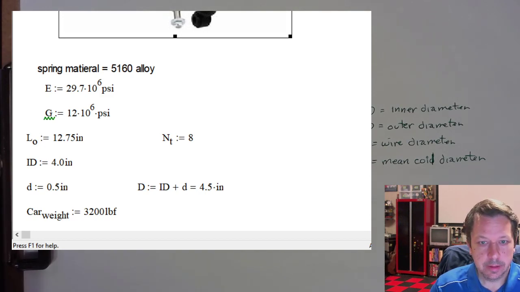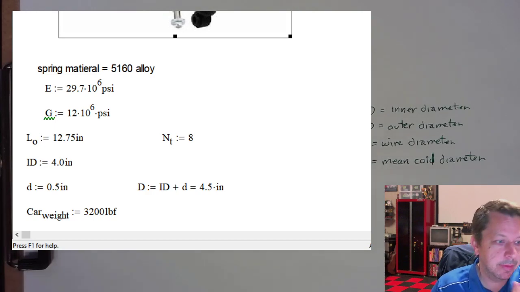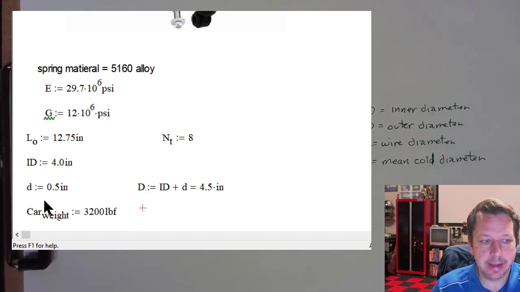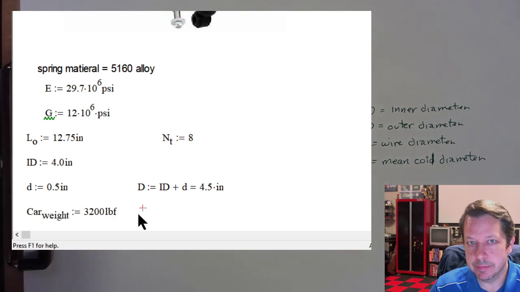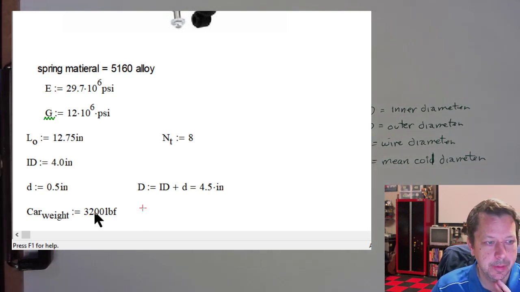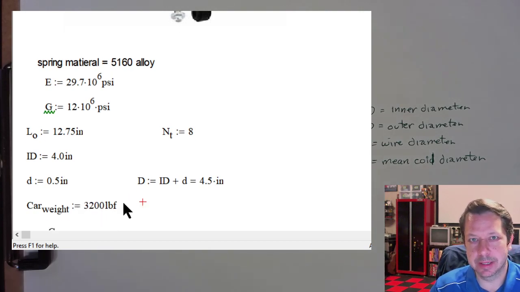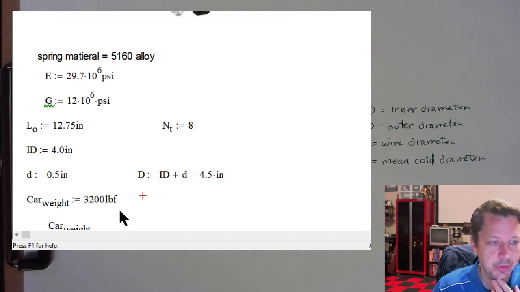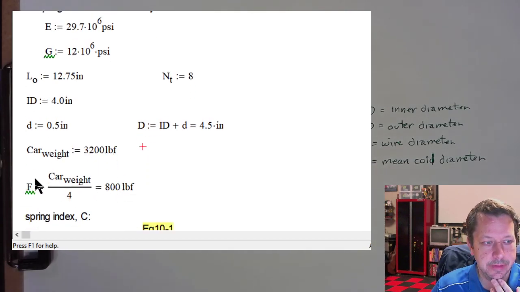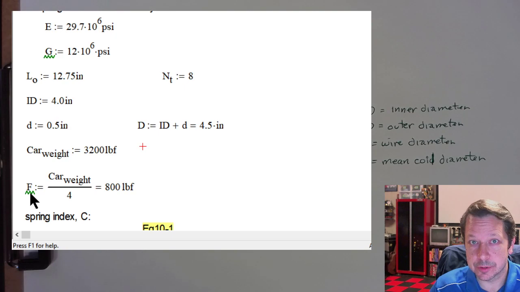Okay, let's see what else we have. I put a car weight. This is just a kind of typical car weight for a mid-ish size car. And I made it a nice even number, because what I'm assuming here is that the car has 4 wheels, each of which carries 1/4 of the weight. So I made it something that would divide by 4 easily. So 3,200 pounds, and then F is going to be the force applied to one of our springs.